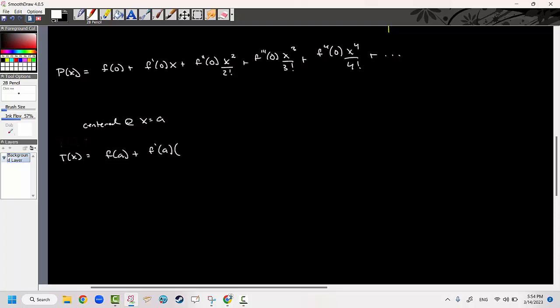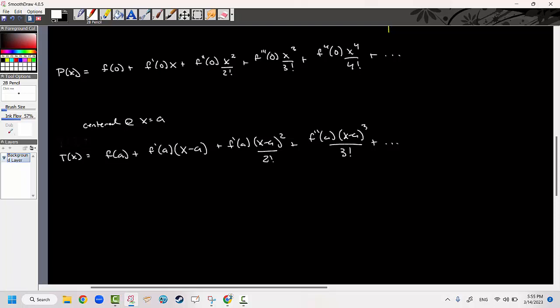See how x is centered at 0 up here in P of x? I'm going to center it at a by saying x minus a, plus f double prime of a times x minus a squared over 2 factorial, plus f triple prime of a times x minus a cubed over 3 factorial plus dot, dot, dot, and it keeps on going. So that is how you expand a Taylor and Maclaurin series quickly.